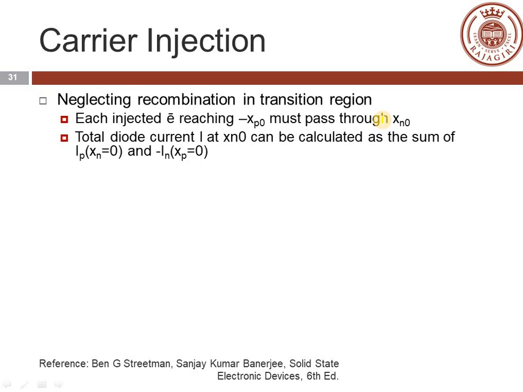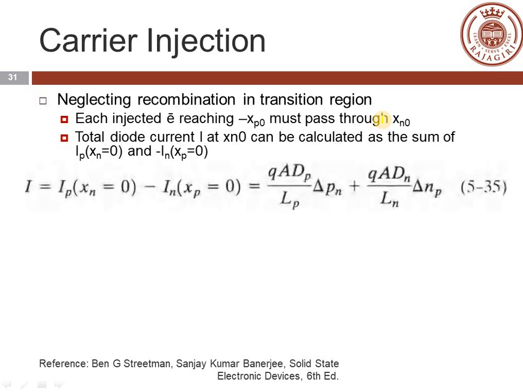Now we will be neglecting recombination in the transition region, and each injected electron reaching minus xp0 must pass through xn0. The total diode current I can be calculated as the sum of Ip at xn equal to 0 and minus In at xp equal to 0.